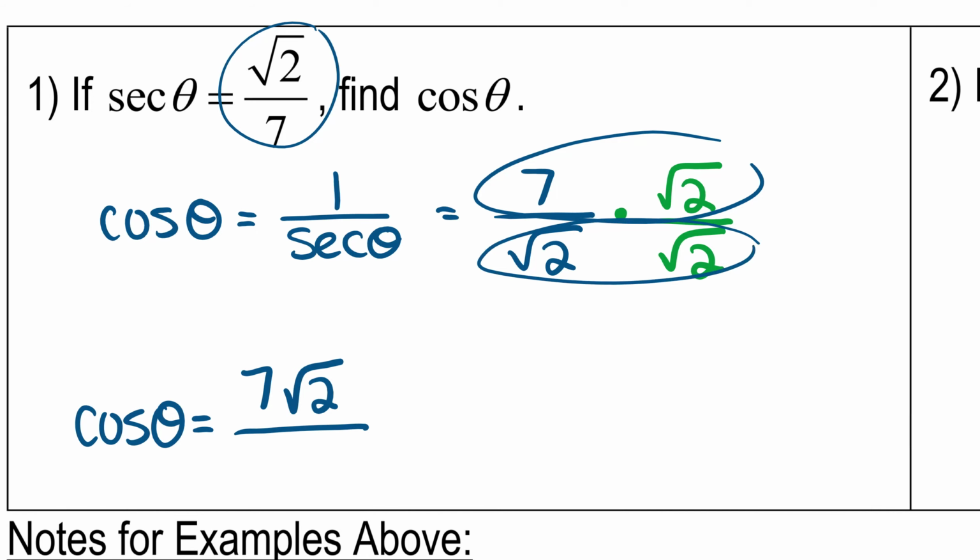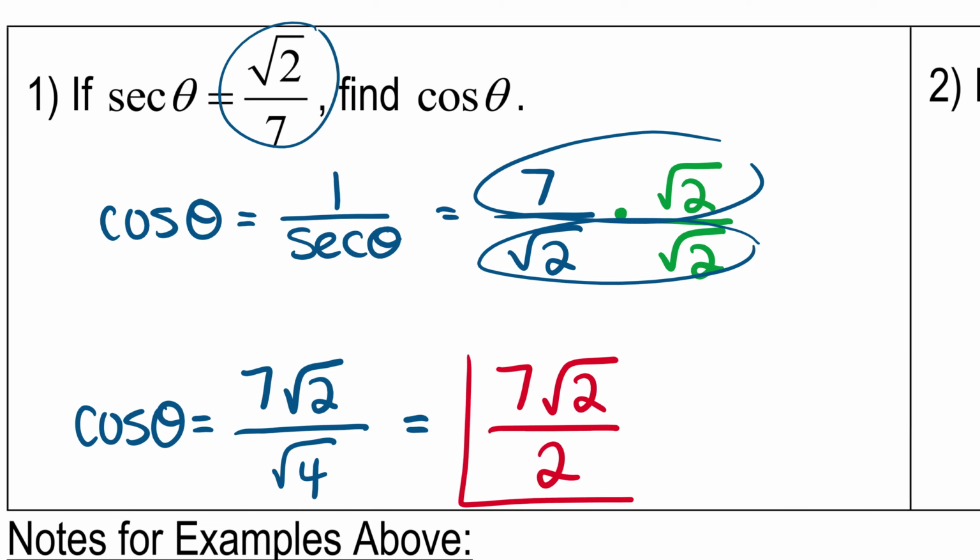Multiply the bottom two. Because they're both square roots, I can do 2 times 2 and get square root of 4. And then I can simplify because I know square root of 4 is 2, so I would just have 7 square root of 2 divided by 2. And that's it. So I took secant, flipped it, rationalized the denominator, and I'm done.